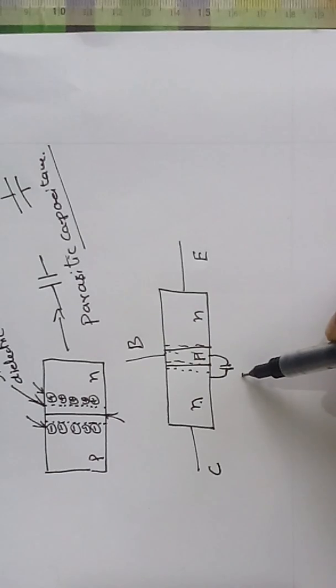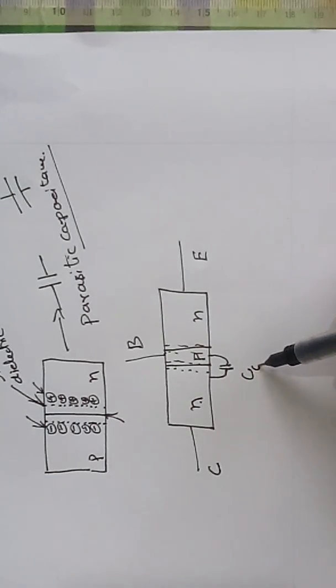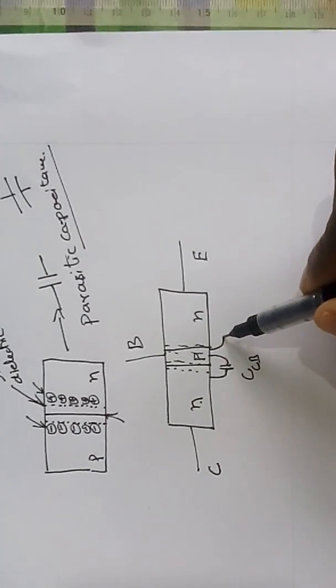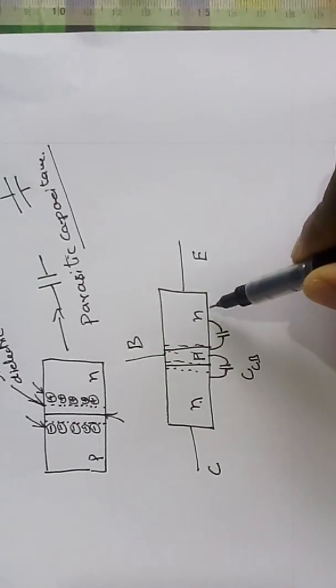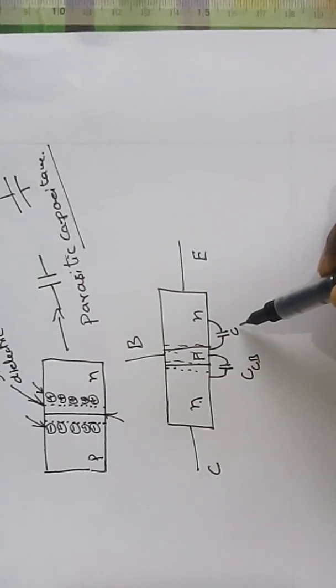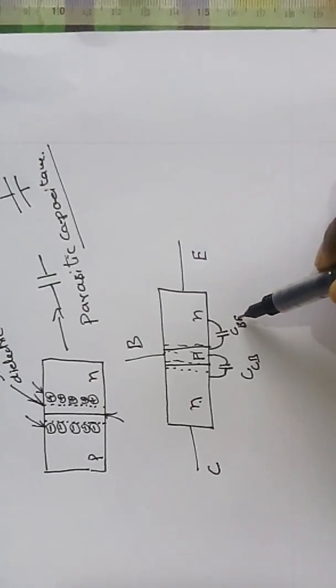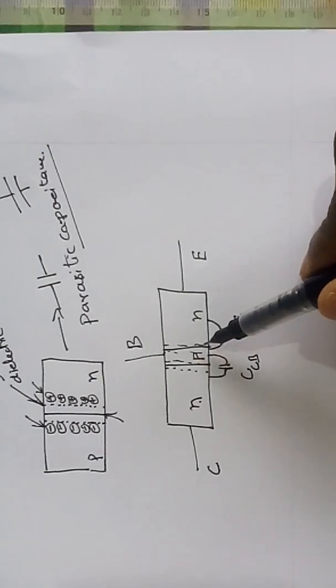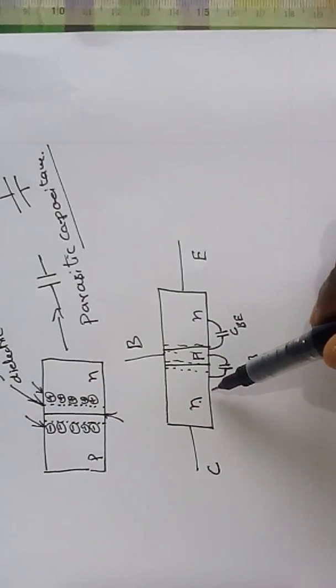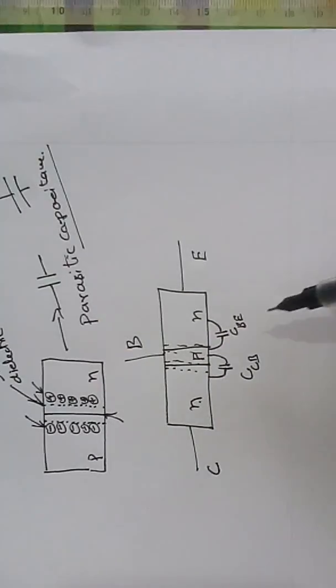We write it as C_CB, the capacitance between collector and base. Similarly, there is a capacitance between base and emitter, C_BE.